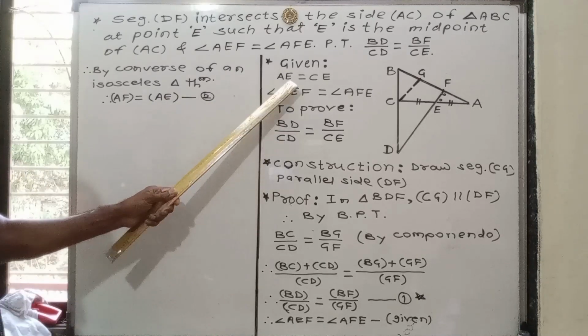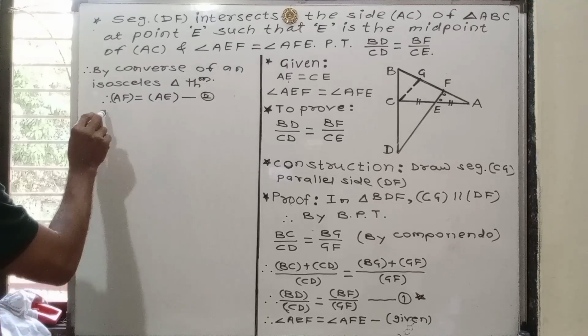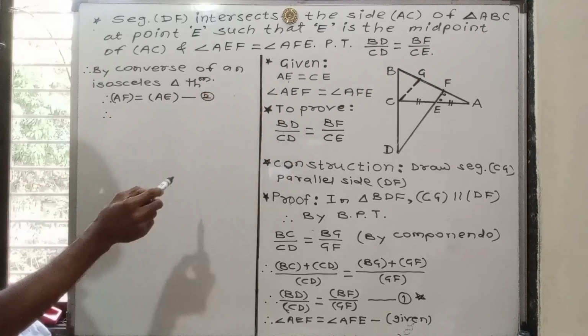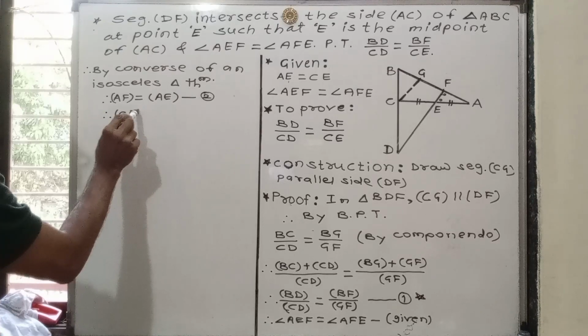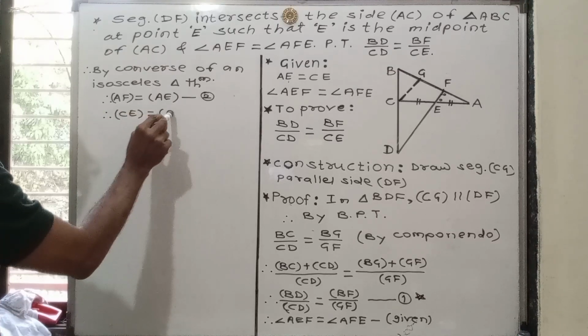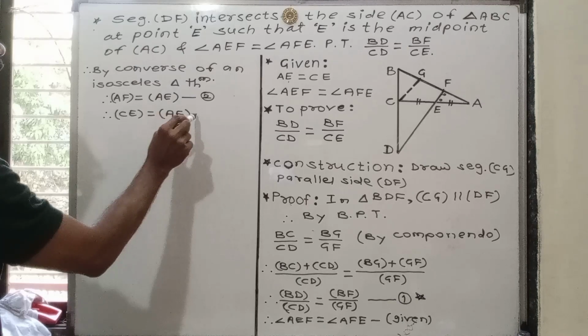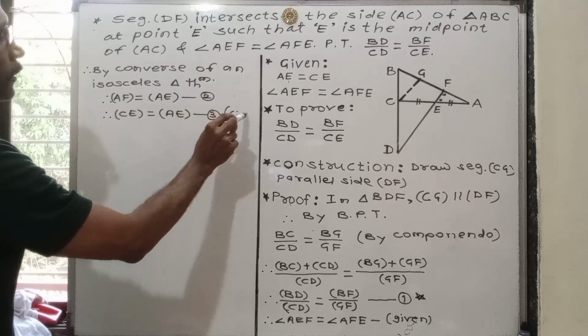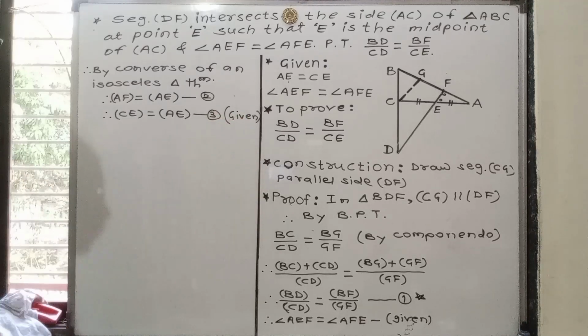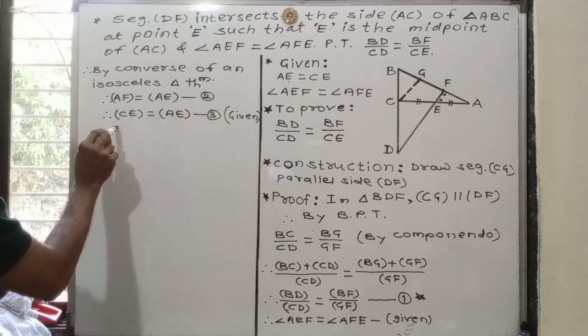Now see here, we have given AE is equal to CE, or we write this way, CE is equal to AE. This is given, equation 3.